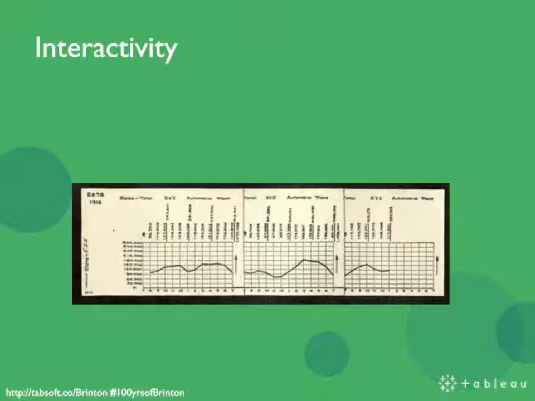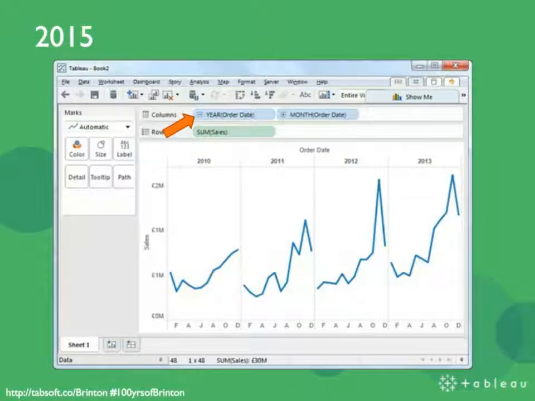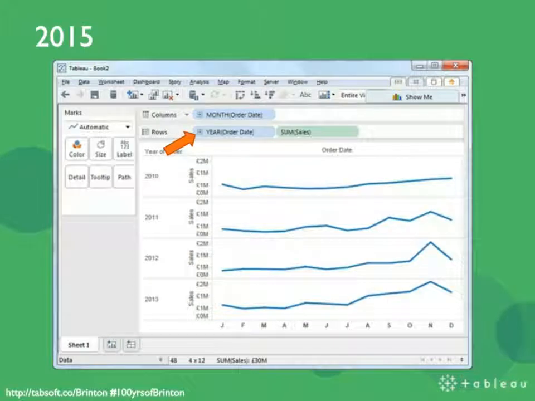My first example of innovation is around interactivity. In 2015, interactivity with visualization tools is as easy as dragging and dropping things around in a canvas. What I'm showing here is just screenshots of Tableau. If people aren't familiar with Tableau, this is what Tableau Desktop looks like.